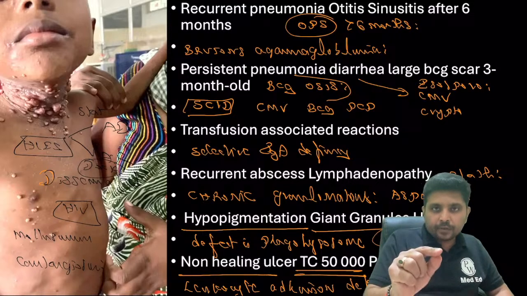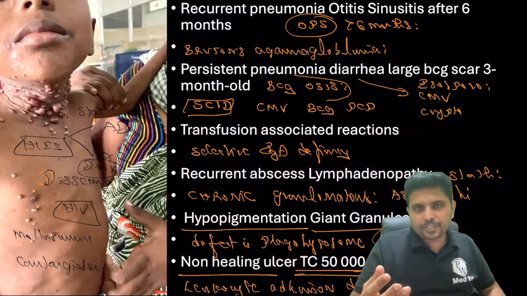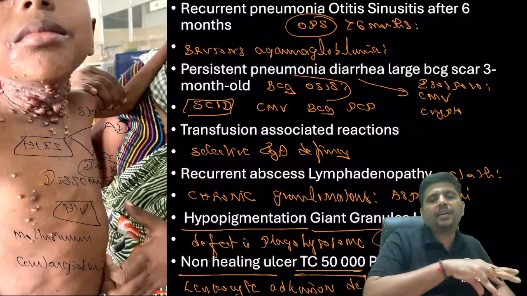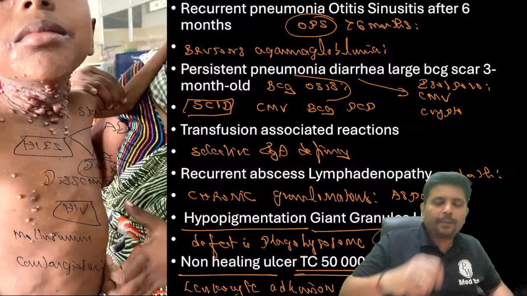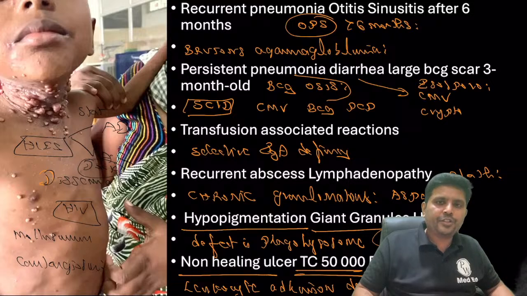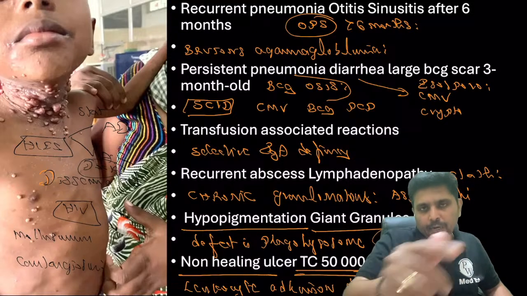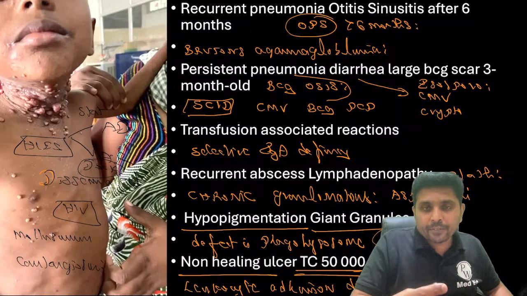So the first, leukocyte adhesion absent, means leukocyte adhesion defect, painless ulcer. The second point, absent phagolysosome formation, is Chediak-Higashi disease. The third point, when you don't have NADPH oxidative burst, it leads to chronic granulomatous disease.